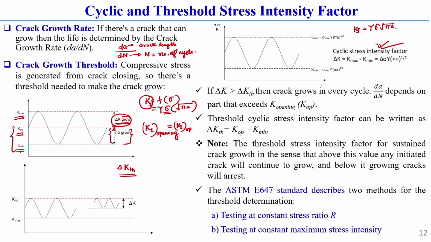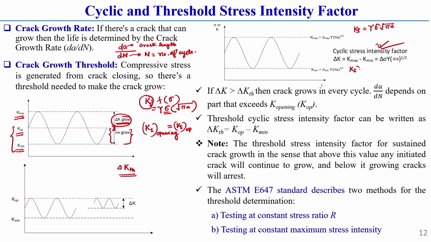But in case of fatigue, there occurs cyclic, repetitive or fluctuating loading. That fluctuating loading has a minimum value and a maximum value. That is why there we can get two values of stress intensity factor.